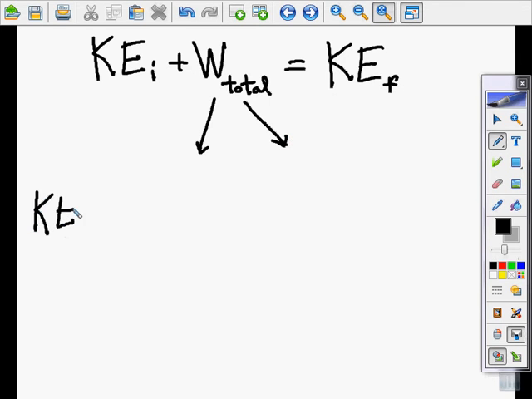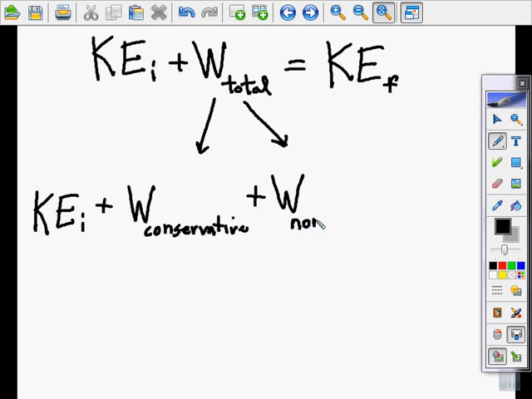There's the initial kinetic energy, just like before, but now we're going to add the work done by conservative forces plus the work done by non-conservative forces.